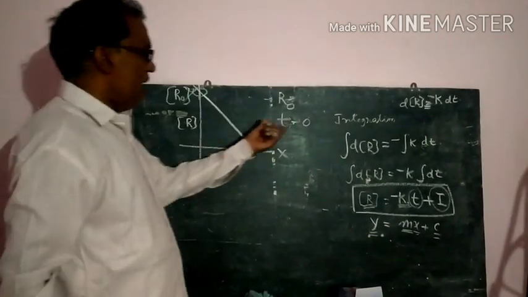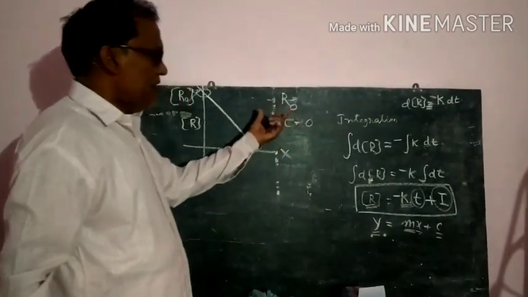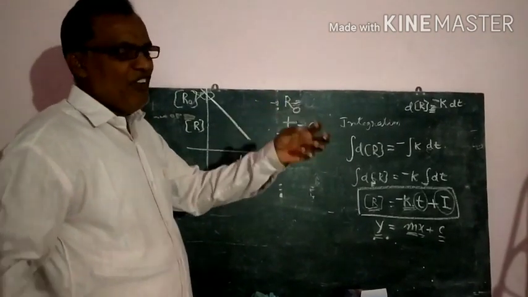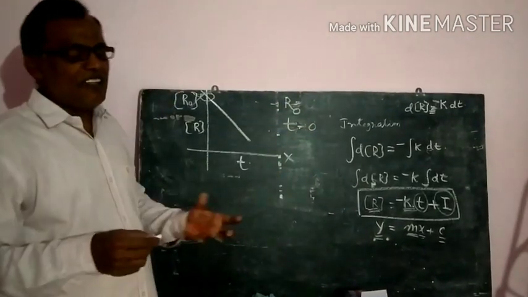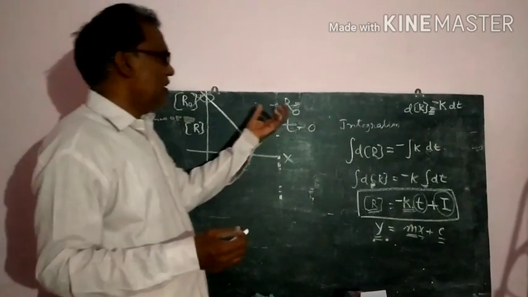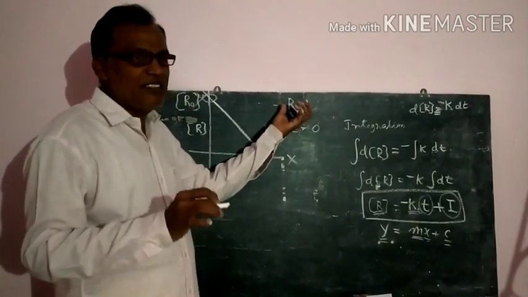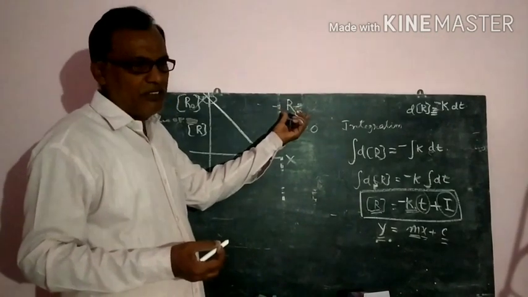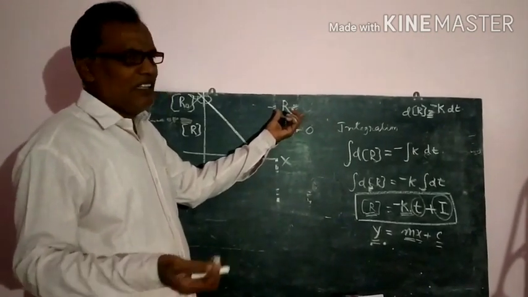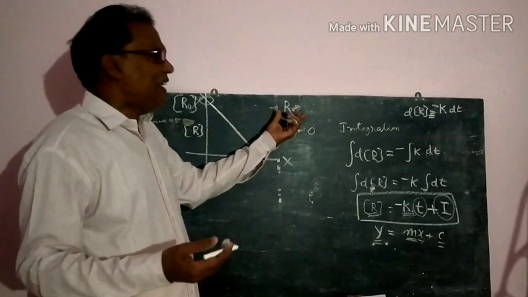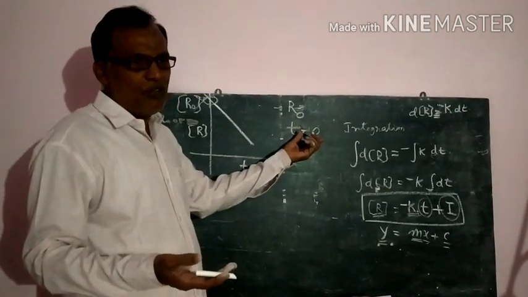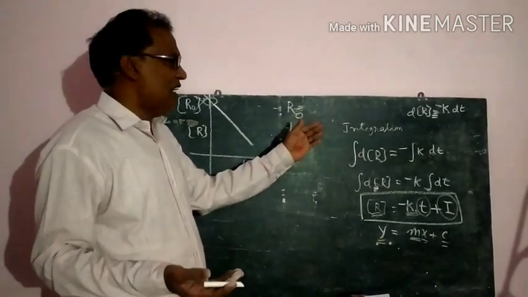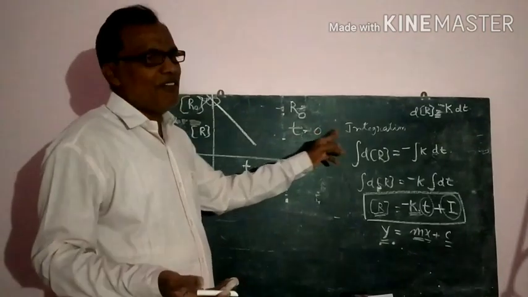What is the meaning of this? That means in the beginning of the reaction, when we add the reactants, whatever the concentration of the reactants is, that we are taking as the R0 value, the initial concentration. At that time, whatever the time taken, that should be 0. At the beginning, no time is taken. After the reaction takes place, then the time also changes.